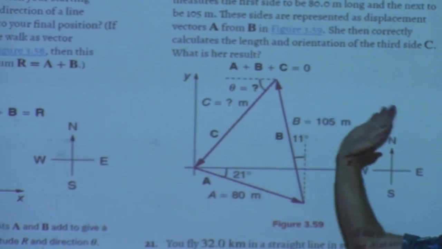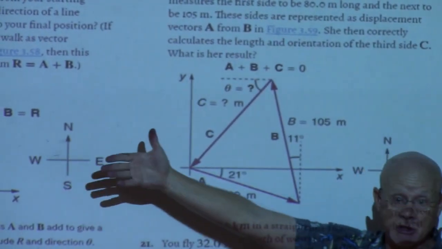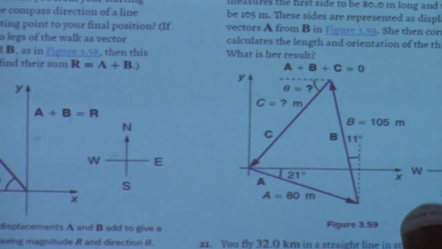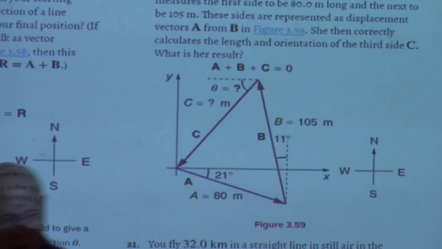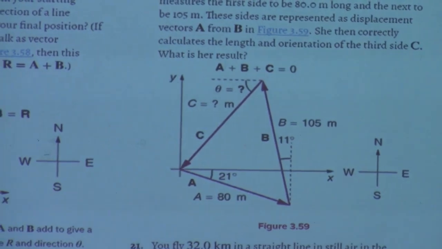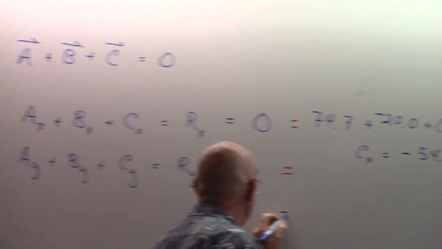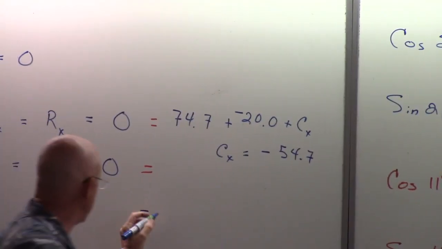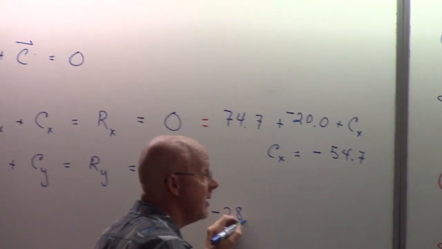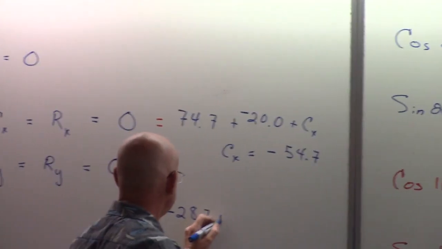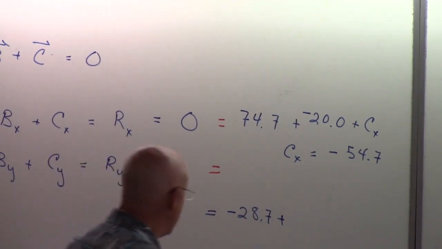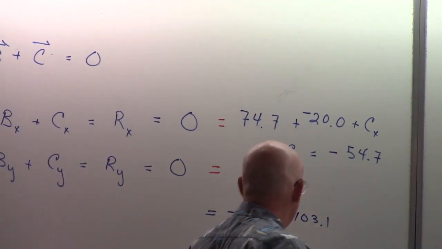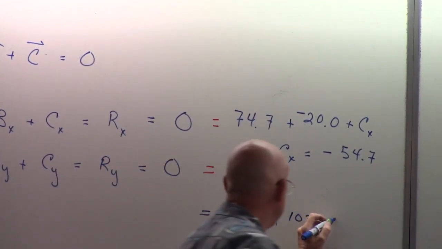So I expect the x to be negative because it goes left, but I also expect the y to be negative because it goes down. So let's see what I get for the y. Hopefully I'll get a negative number here. All right, so now let's do this calculation. A sub y is a negative 28.7. B sub y is 103.1.